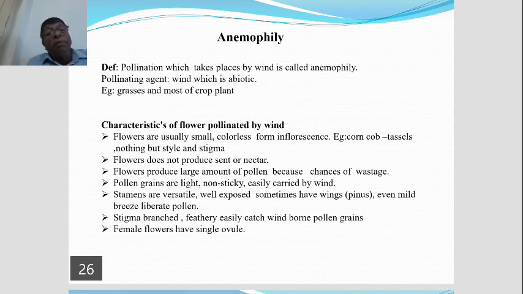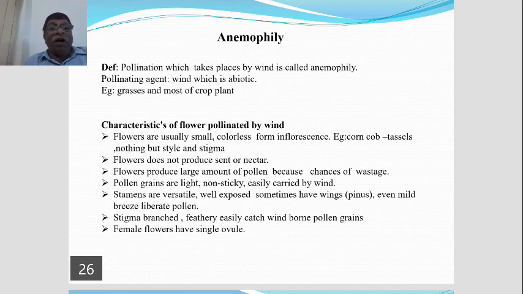Stamens come in different types: basifixed stamen, dorsifixed stamen, versatile stamens. Versatile stamens are characteristic of monocots, especially the grasses. Here, the stamens are well exposed to the atmosphere. Sometimes the pollen grains have wings. Winged pollen grains are found in the Pinus plant, a gymnosperm. What is the use of versatile stamen? A mild breeze liberates the pollen because it swings in the air.